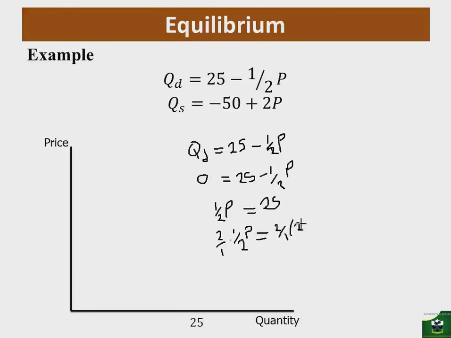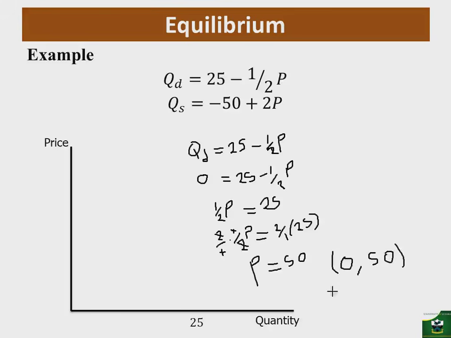So these 2s will cancel, which means I will remain with a P here. So my P will be equal to 2 times 25, which gives me 50. Meaning that when quantity demanded is 0, the price will be 50. And therefore, the vertical intercept will be 0, 50. So what I'm plotting is 0, 50.